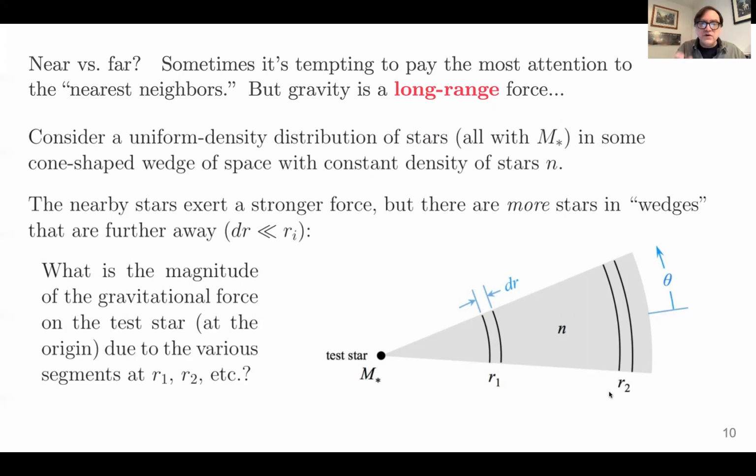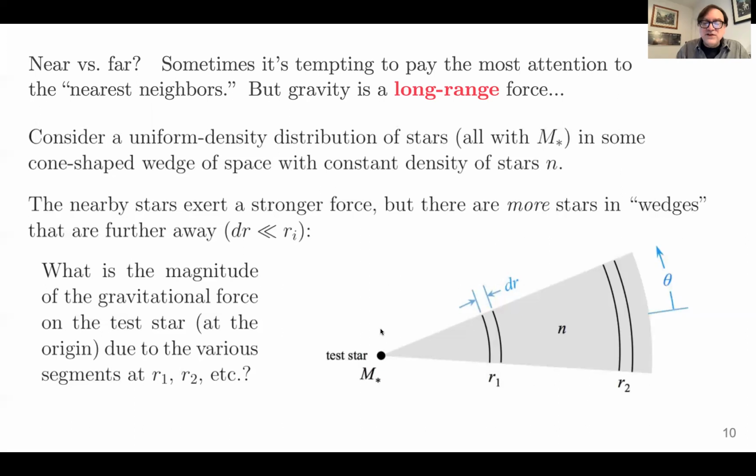All right. So the way we can quantify the question is: are the near ones more important or the far ones more important? Let's take a constant width dr for a little piece of this wedge and move it around in radius. Of course, we know that as you move it out, there are going to be more stars in this wedge of constant width at a larger distance, but they're further away, so they should exert less of a gravitational pull on the test star.